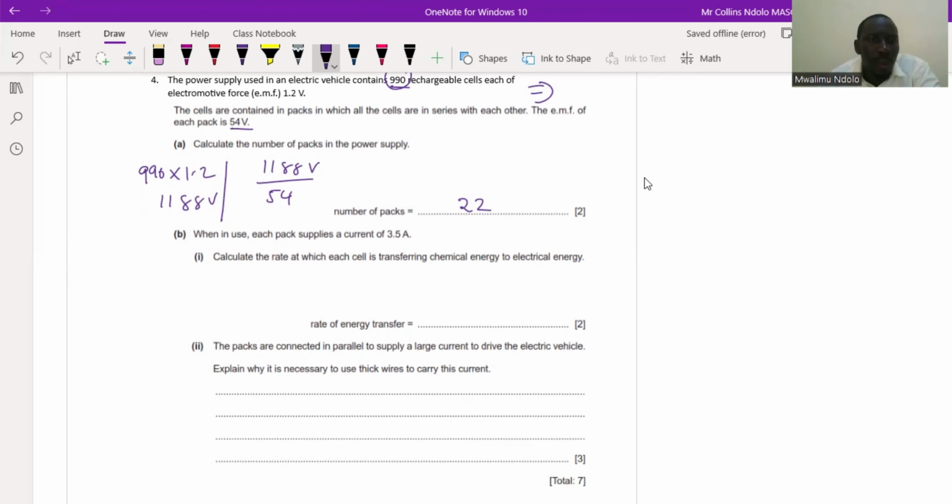Now, part B. When in use, each pack supplies a current of 3.5 amps. Calculate the rate at which each cell is transferring chemical energy to electrical energy. So if we have been asked to find the rate at which each cell is transferring chemical energy to electrical energy, the rate, that is actually power, and power is IV.